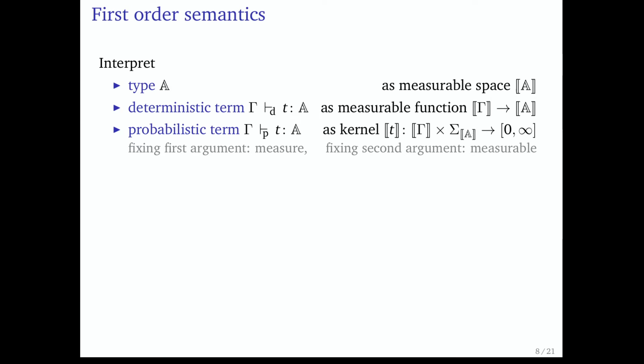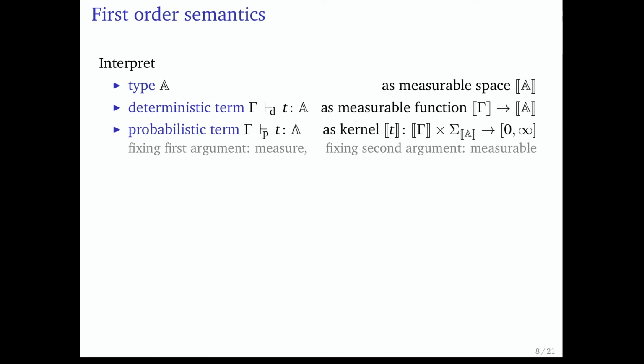So as I said, we're going to interpret types as measurable spaces. Deterministic terms are going to be measurable functions. So a deterministic term t in context gamma of type A is going to be a measurable function from the meaning of gamma to the meaning of A. Probabilistic terms are going to be kernels.